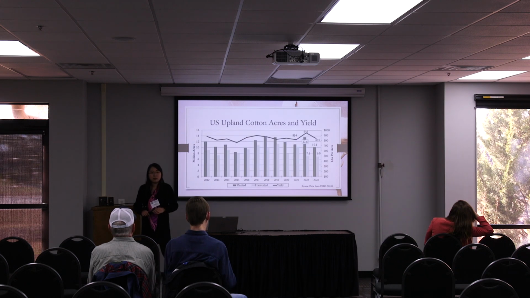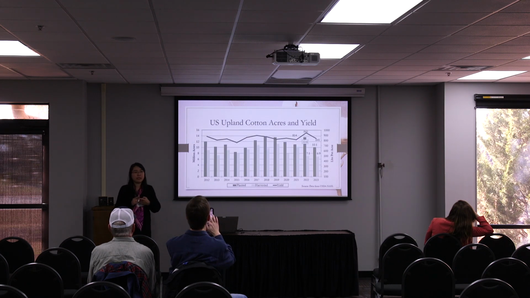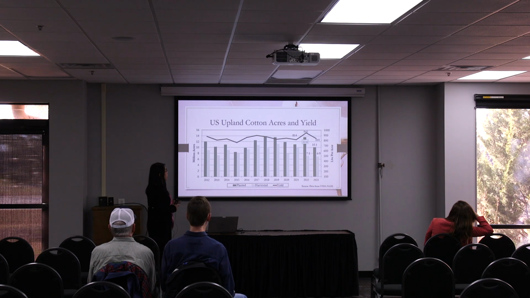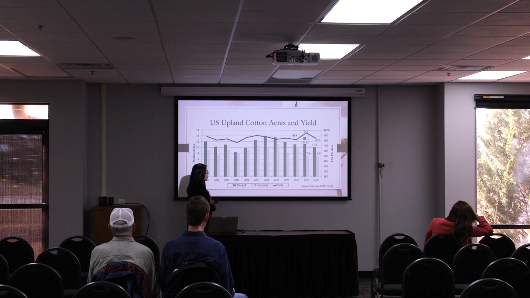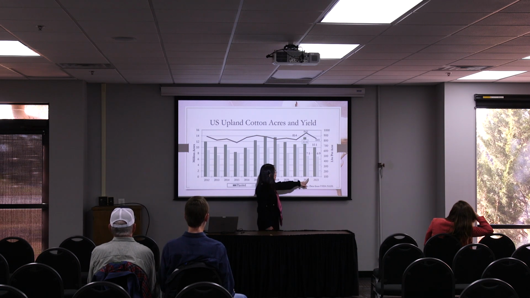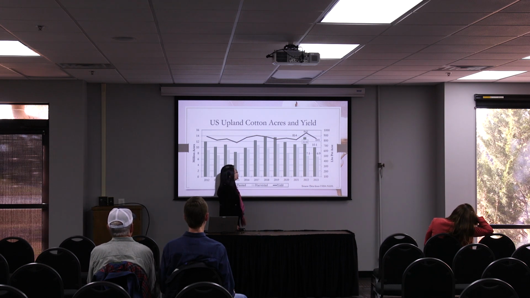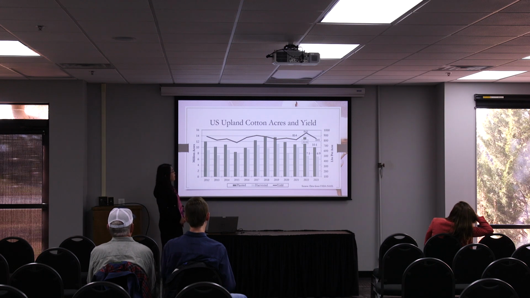So what are the causes of lower production? This shows the projected planted acres, harvested acres, and yield per harvested acre. For the 2023 crop, we planted significantly lower than last year, and it's actually one of the lowest years for the past 10 years.